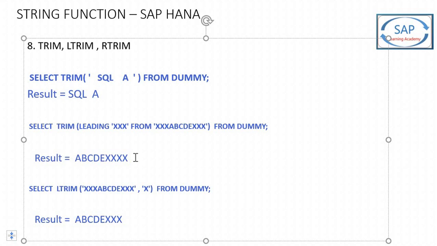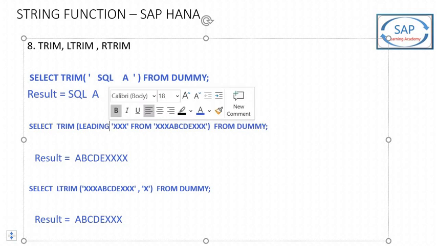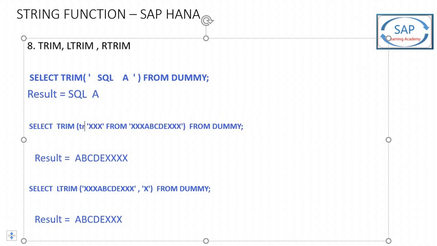So the result will be like this. And if you write on the other side as trailing, in this case the result will be that the right side value will be reduced. So that will be the result.